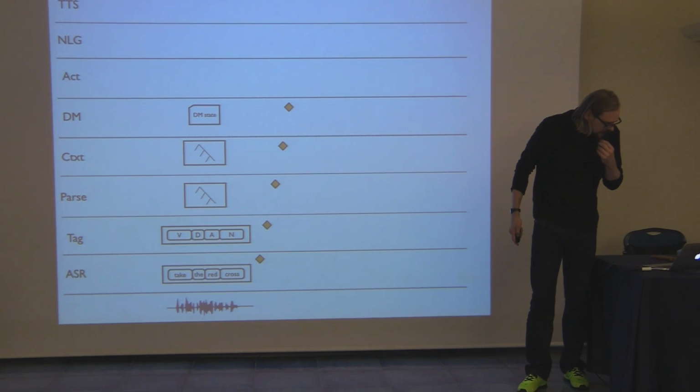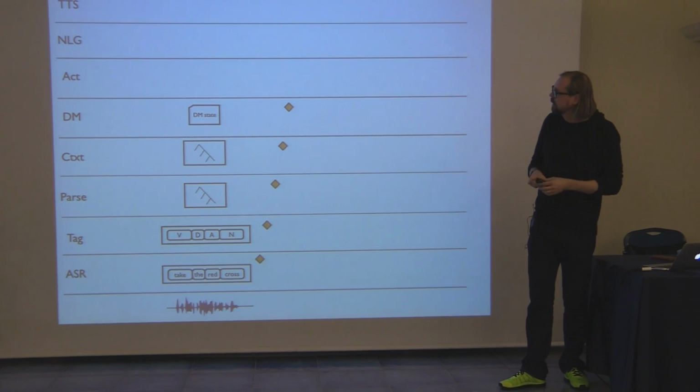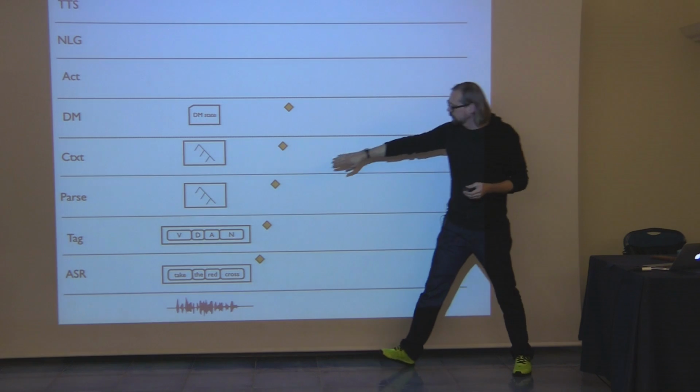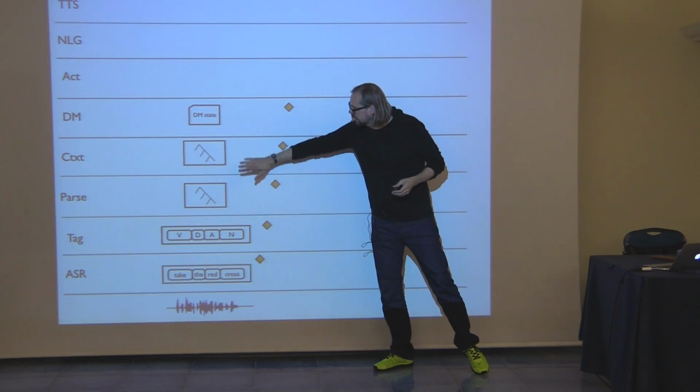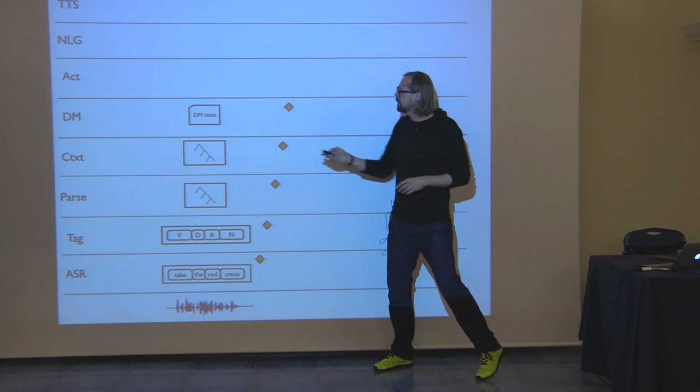What else? And also, this would be a more fully specified system where you have ASR, a part of speech tagger that tells you which types of words these are, and then syntax and contextualization and the dialog manager.